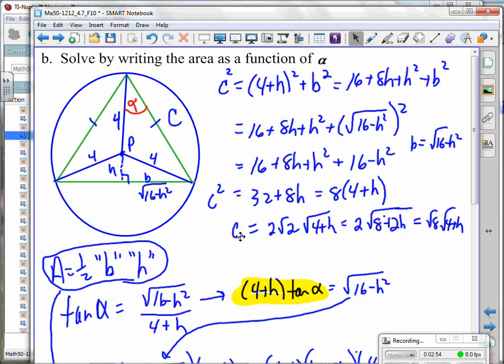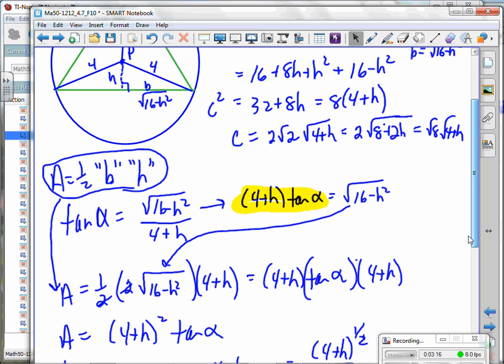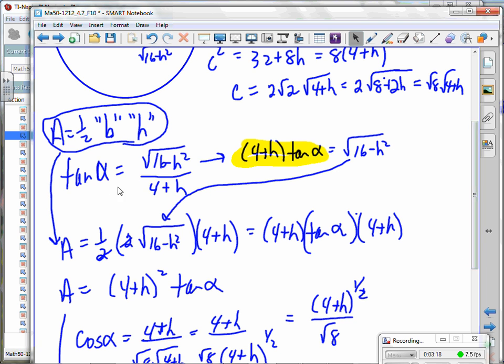We could simplify C to the square root of that, so we can find an expression for C in terms of h. But that's not where we're trying to go. We want to write the area in terms of alpha. So we go down to tangent of alpha.